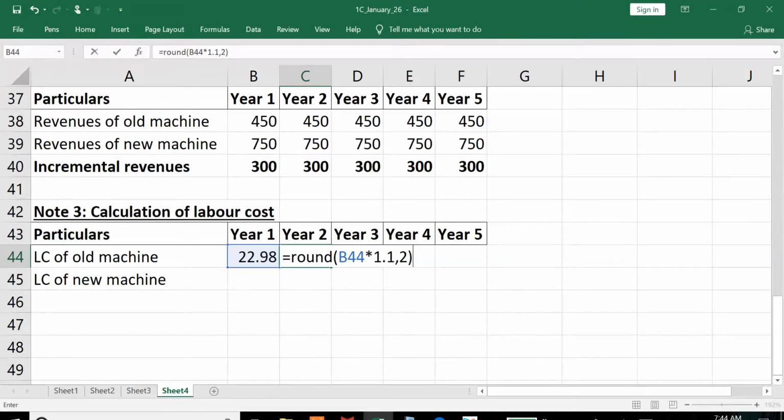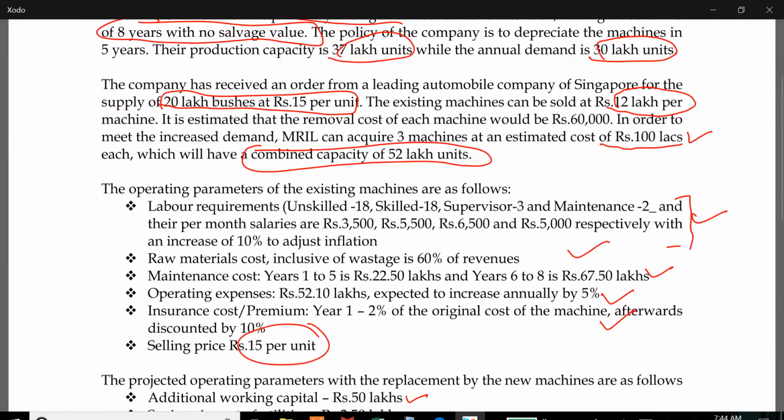So 22.98 in the first year and thereafter it increases by 10%. You'll have to multiply, no?